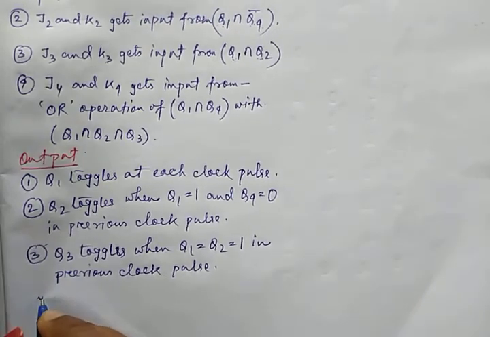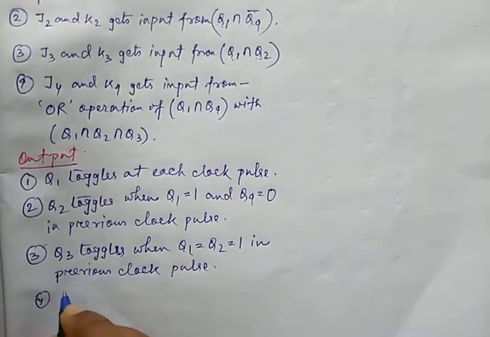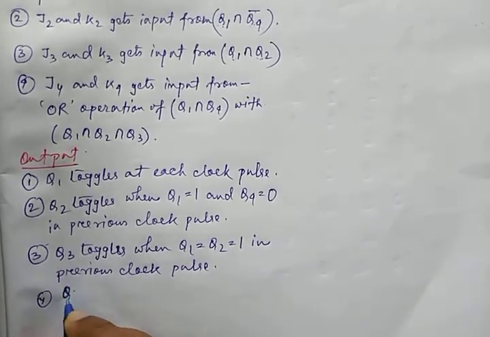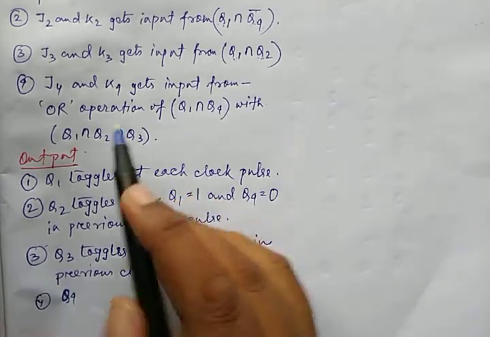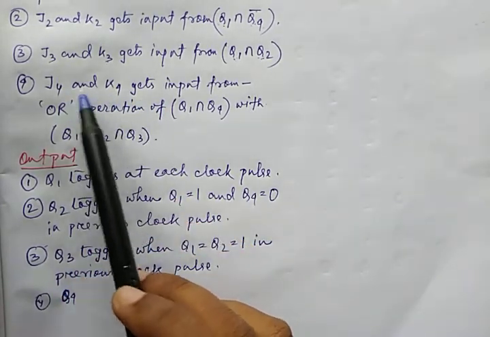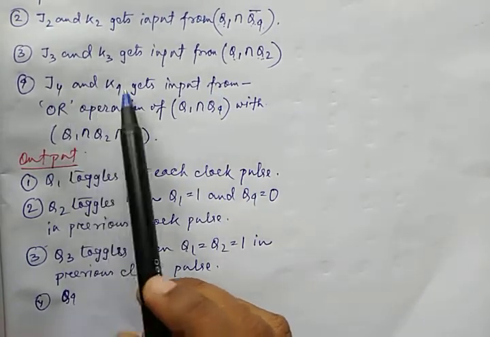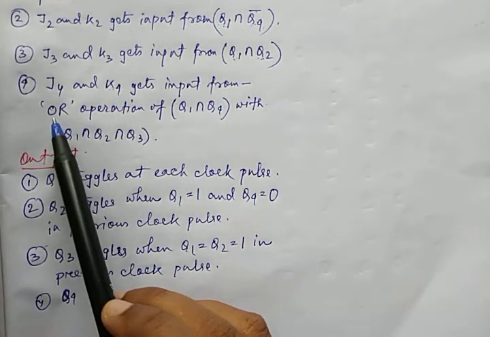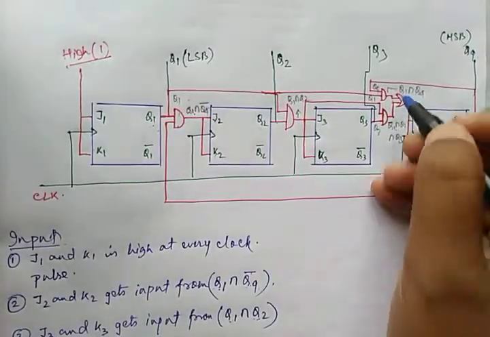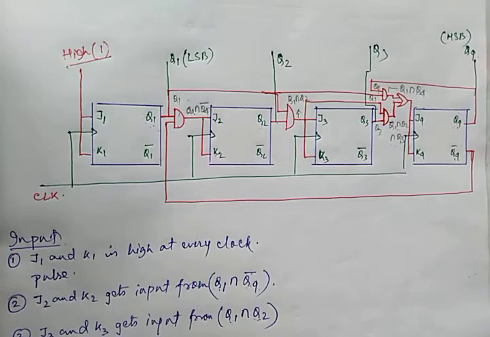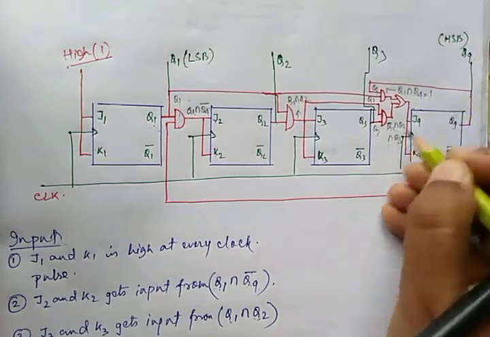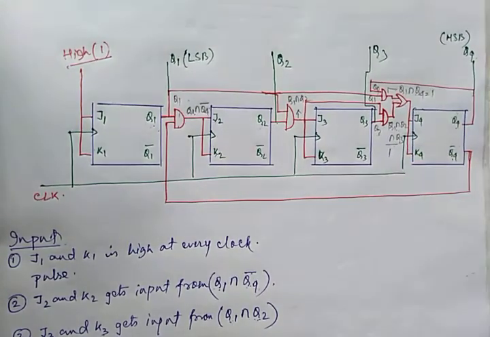Okay, now our last one, Q4. For Q4, J4 and K4 have to be 1. As J4 and K4 are the OR operation of Q1 and Q4 here, either this one must be 1 or this one must be 1.